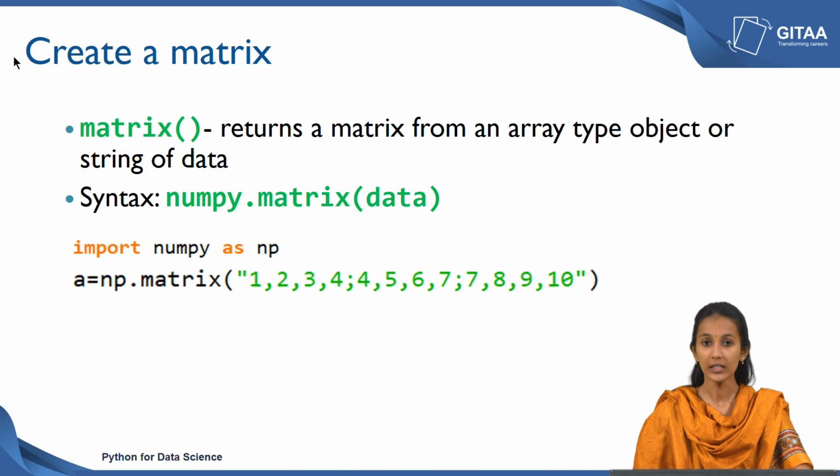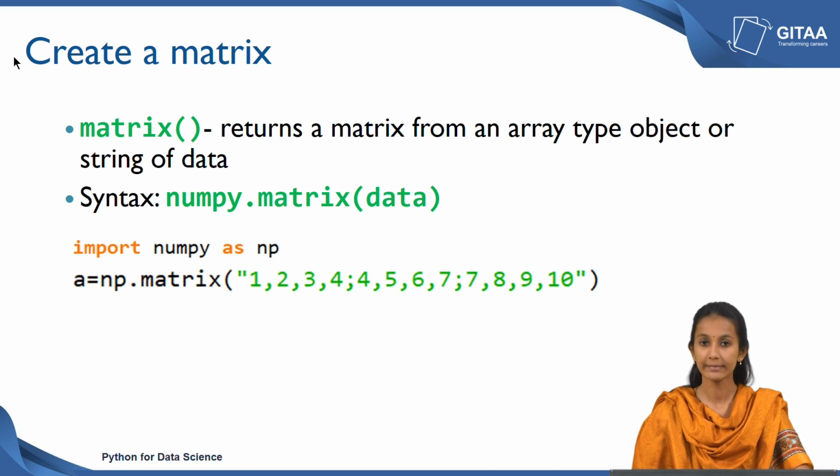Now we will create a 3 cross 4 matrix, which means 3 rows and 4 columns. Since we have already imported NumPy as np, I will call np.matrix. Inside the parenthesis we need to specify the values. I am giving values 1, 2, 3, 4. After that 4 you can see there is a semicolon, which means we have filled the values for the first row.